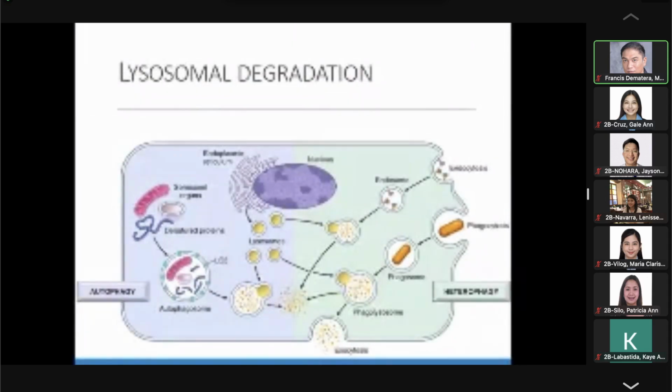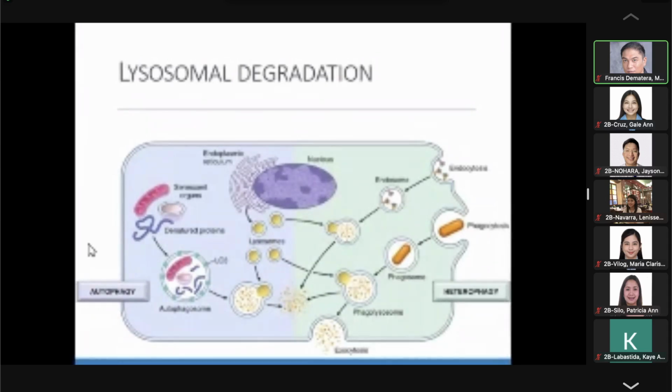In fluid phase pinocytosis or receptor mediated endocytosis, the molecules come from the plasma membrane to the early endosome, to the late endosome, and then to lysosomes, which are progressively acidic.